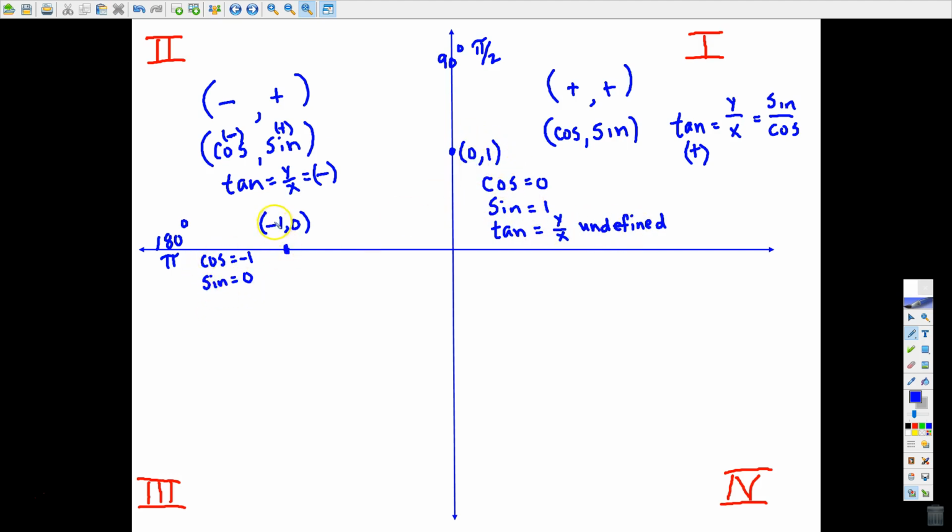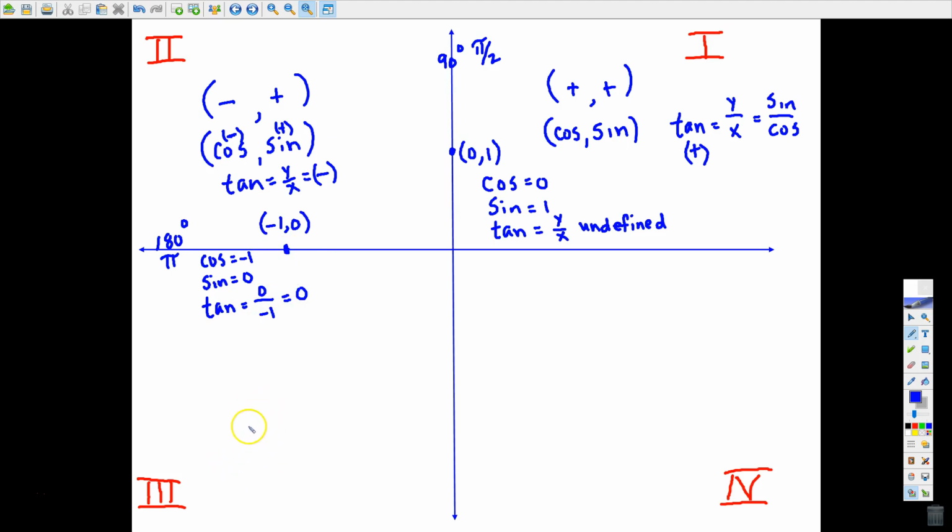Here, cosine corresponds to x, sine corresponds to y. That's always true. Tangent will be the division of sine over cosine, or y over x, and in this case we just get 0. So at 180 degrees, or pi in radians, tangent is 0.